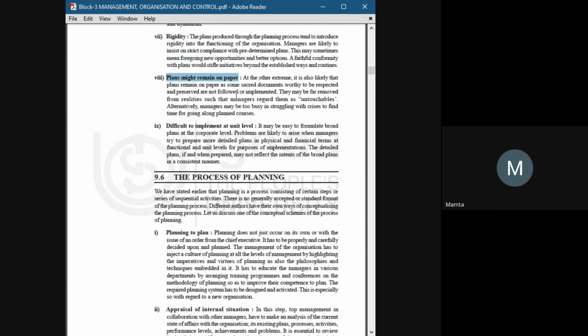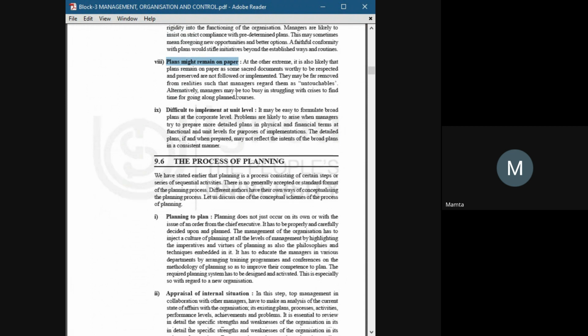And I don't know about you, but I have failed many times coping with that timetable, or with that plan. So that plan might remain on paper. For me, my study timetable has always remained on paper only. So that's what this point is trying to claim.